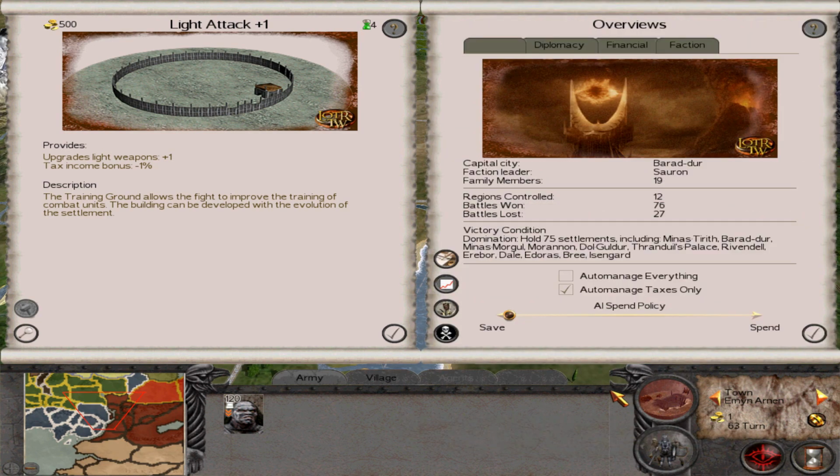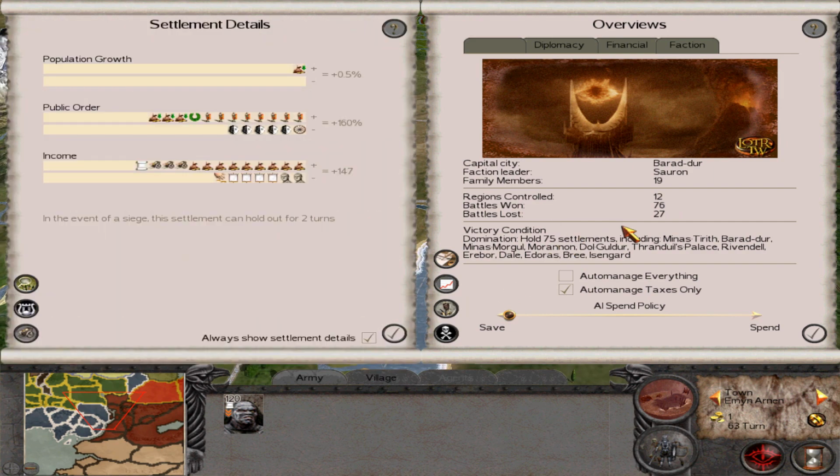Okay, so regions controlled: we only have 12 regions. We aren't that strong. Battles won 76 and battles lost 27. To win we need all 75 regions or settlements. We are far from winning. We only have 12, but we also need to hold Minas Tirith, the capital of Gondor, Barad-dûr, our capital, and Minas Morgul.